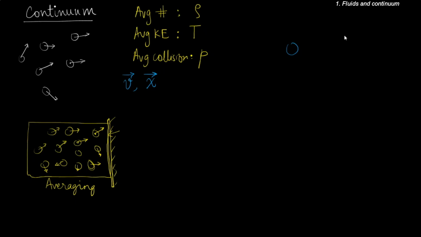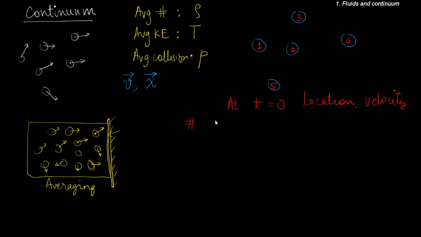So consider these molecules in the system. At t equal to 0, I know the location of all the particles and I know the initial velocity. So suppose this is particle 1, 2, 3, 4, 5.